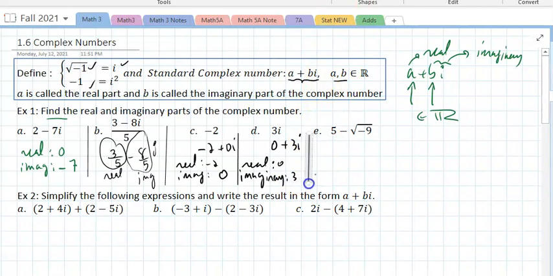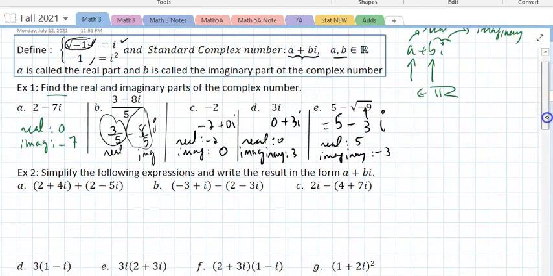E, I need to modify it a bit, that's 5. So this is the deal. Before you do anything, anytime you see a square root of a negative, you put an i before you proceed. And what do you multiply by itself to get 9? 3. So here the real would be 5, and the imaginary will be a -3.